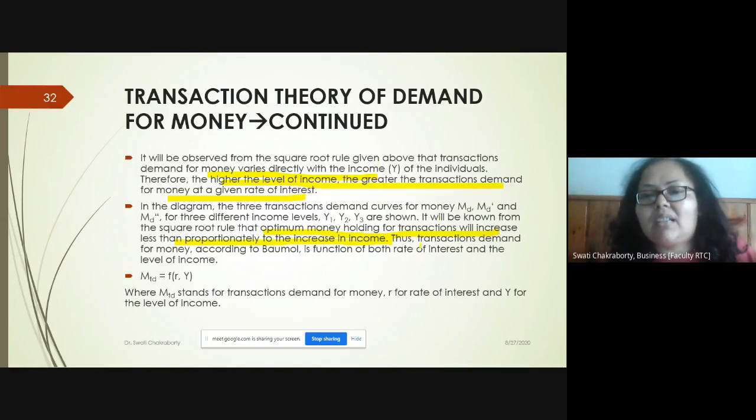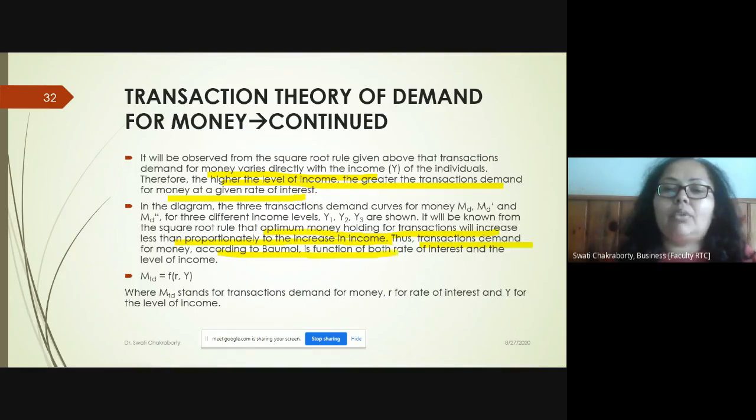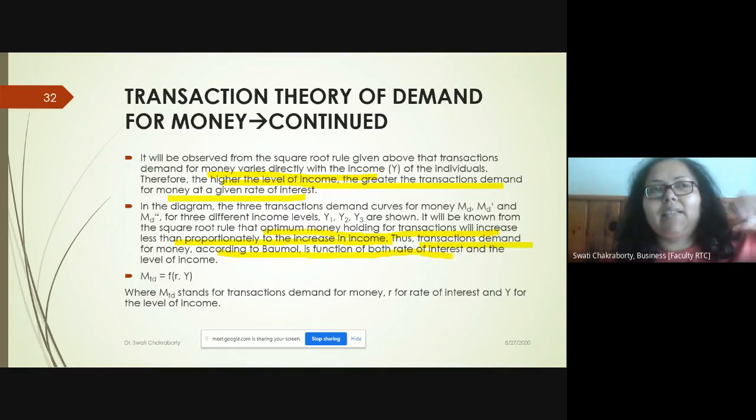So we see that the transactions demand for money, according to Baumol, depends both on the rate of interest, as we've seen: the more the rate of interest, the less money people are going to hold. And if the level of income increases, transaction demand for money also increases, but at less than proportionate rate.